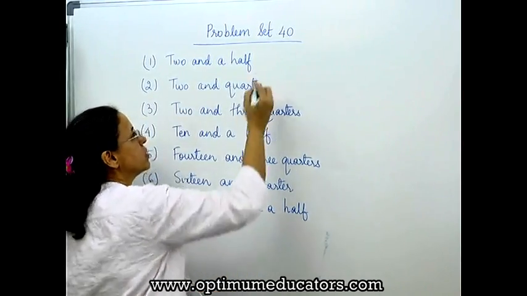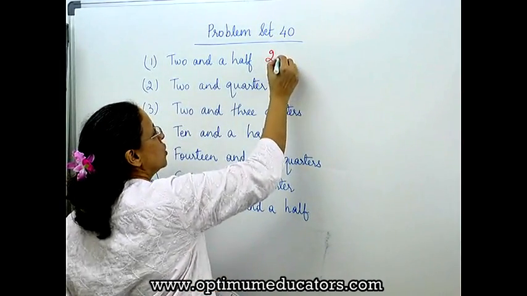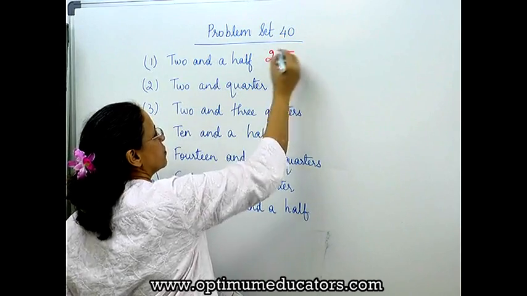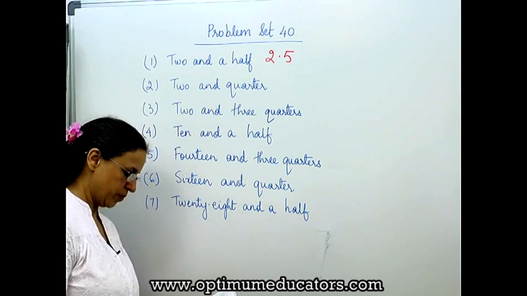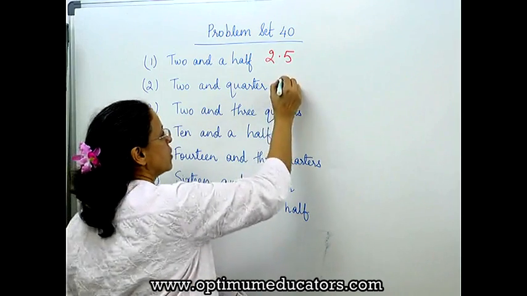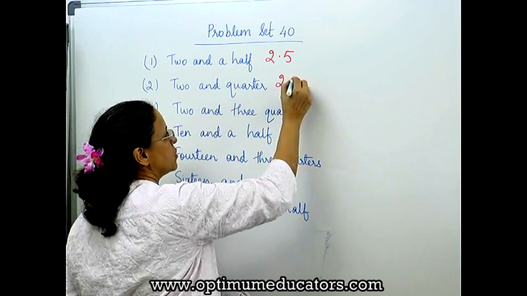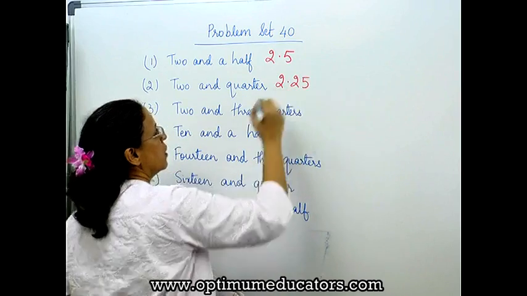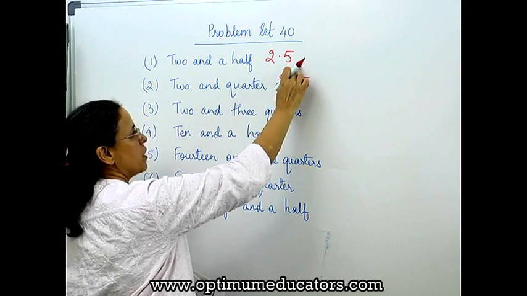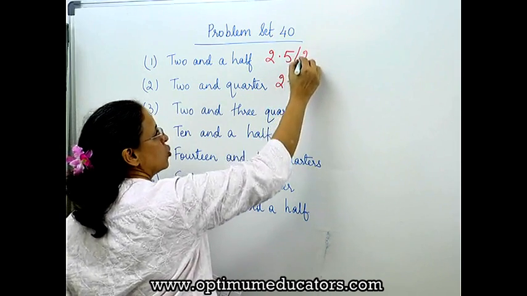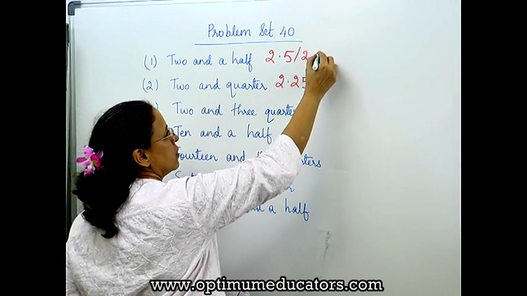So how will we write it? 2.5. Next, 2 and quarter. So how will we write it? 2.25. यहाँ पे 2.5, अगर आपने 2.50 भी लिखा, तो भी same होता है.